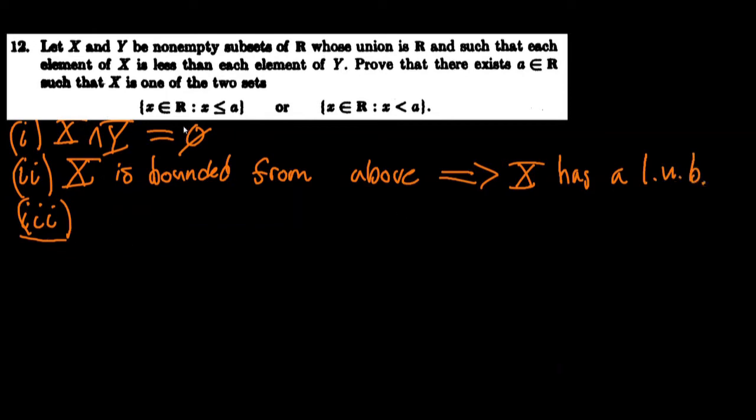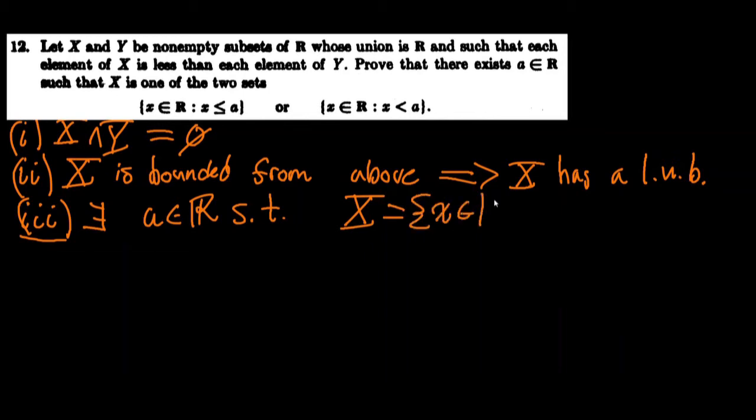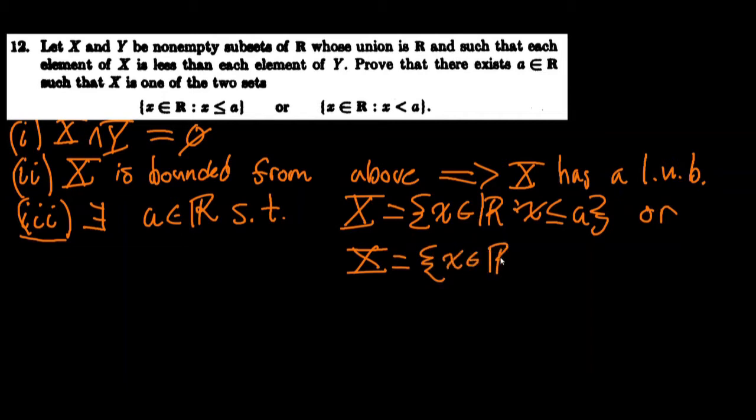And for part 3, we're going to prove what they asked us to prove, that there exists an A in the real numbers such that X is equal to all x in R such that x is less than or equal to A, or X is equal to all x in R such that x is strictly less than A.